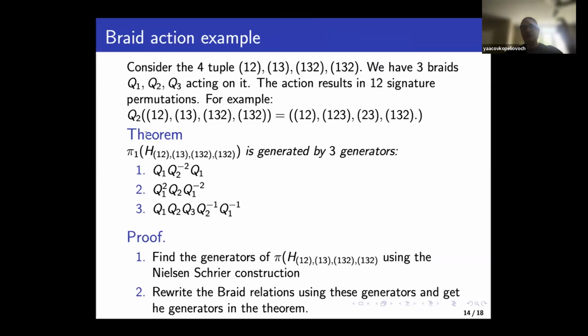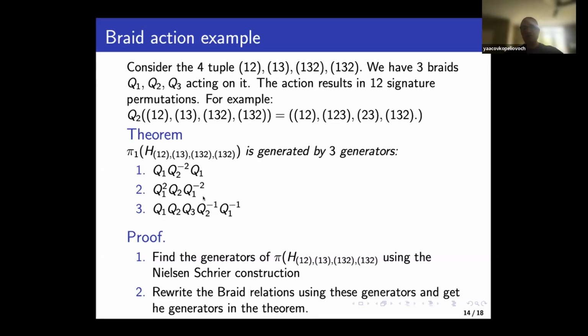In other words, you can think that you have an elliptic curve which is given by an equation and produces these permutations. It will actually transfer to a curve given by another equation that produces this one. Okay? Now, here's one theorem. The fundamental group of this guy is generated by 3 generators.